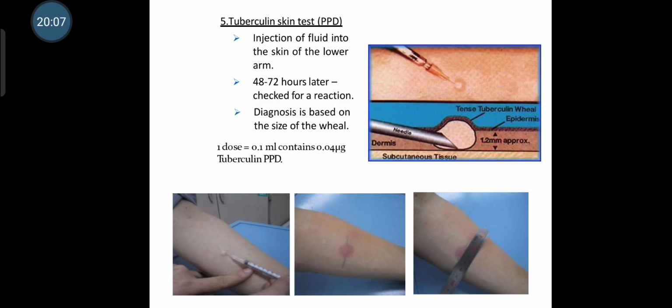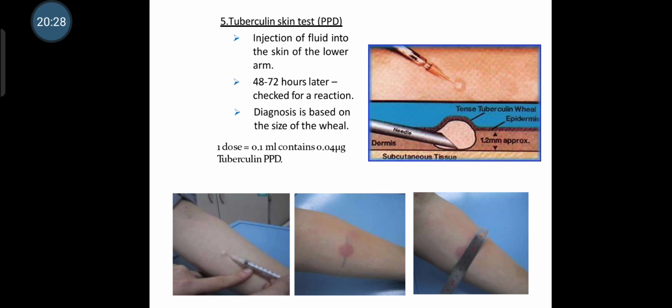Next is the tuberculin test. This test is to check whether the person is suffering from tuberculosis or not. We need to inject a fluid into the skin of the lower arm, and 48 to 72 hours later it is checked for a reaction. A diagnosis is based on the size of the wheal.